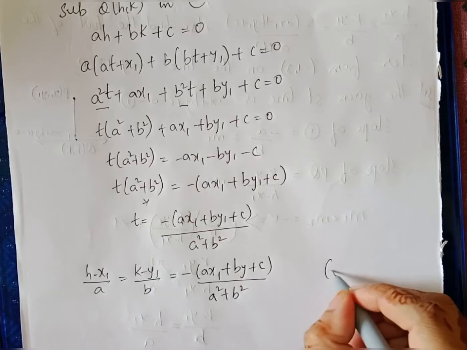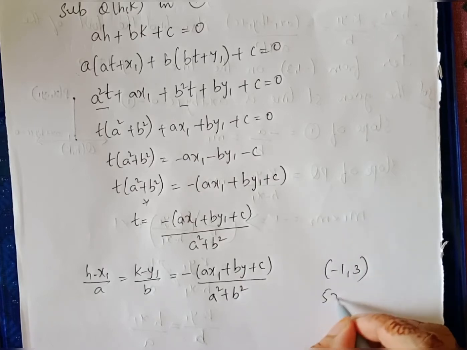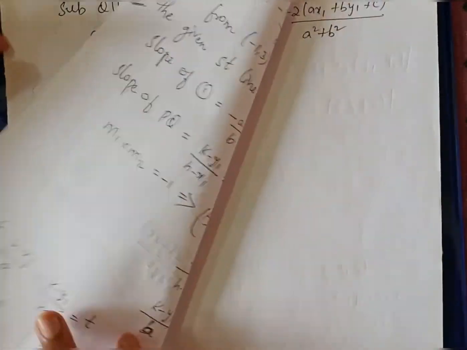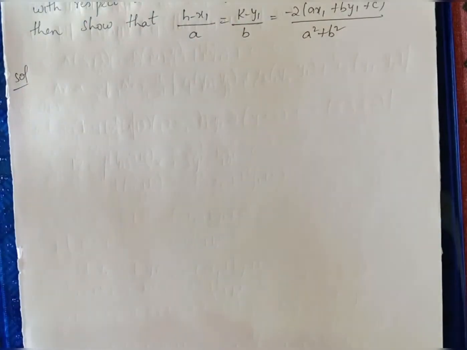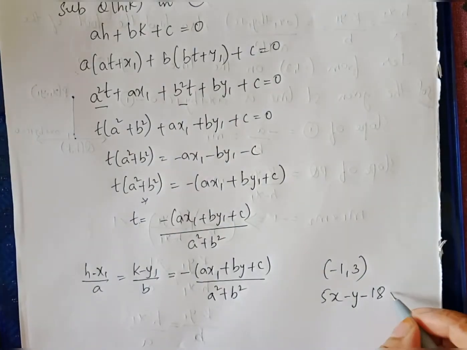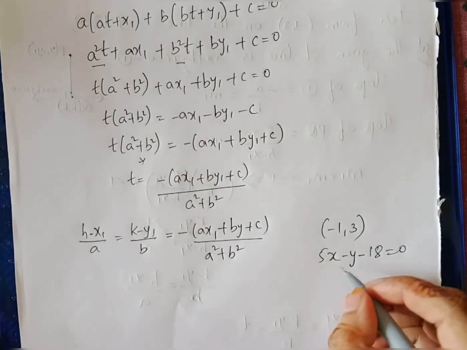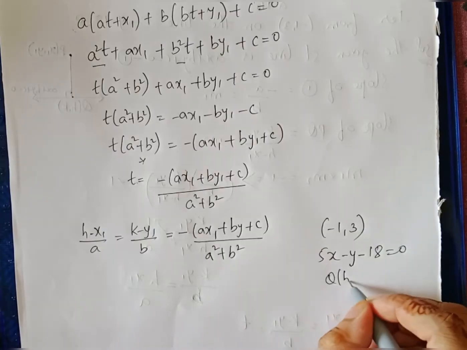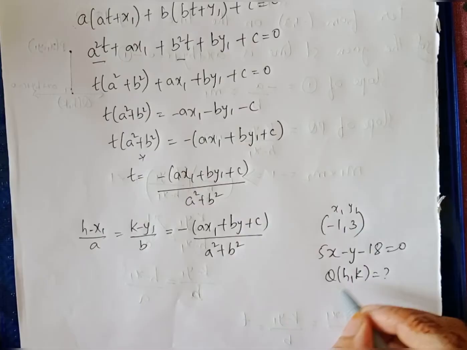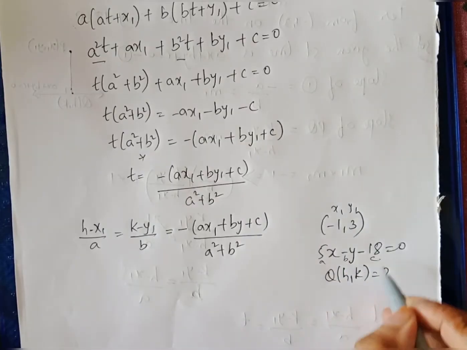So the point was (-1, 3), and the equation was 5x - y - 18 = 0. And we have to find the foot Q(h, k). So this is x1, y1, and this is a, b, and c.